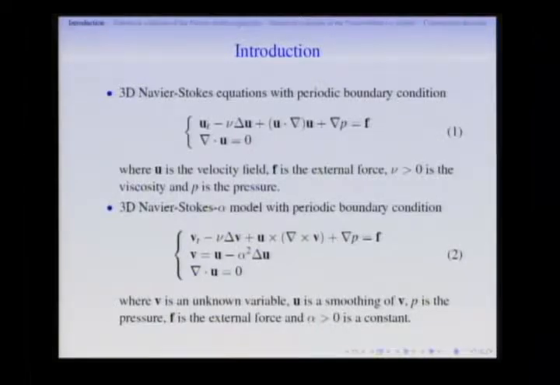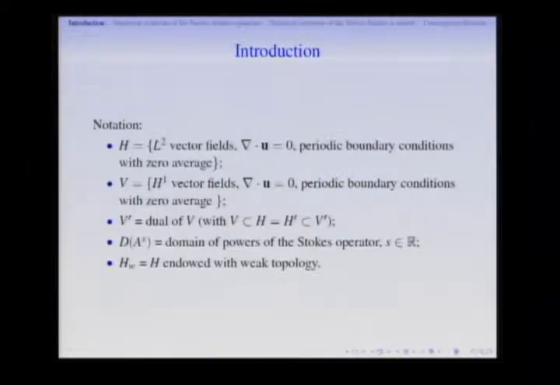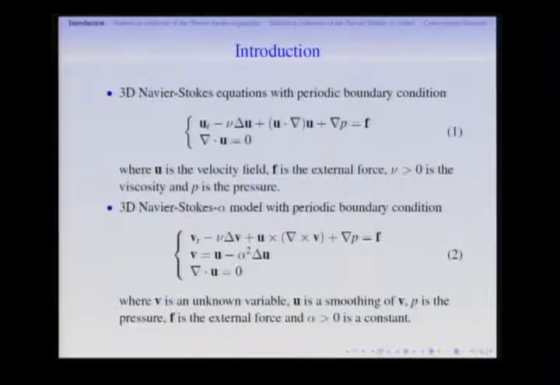And the other equation that we are concerned with is the 3D Navier-Stokes alpha model with periodic boundary condition. And this is a regularized approximation of the Navier-Stokes equations in the sense that if we take alpha equals to 0 here, we recover the Navier-Stokes equations.